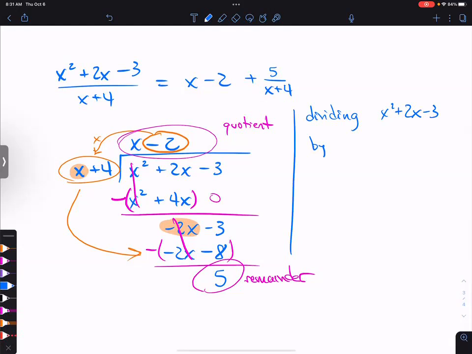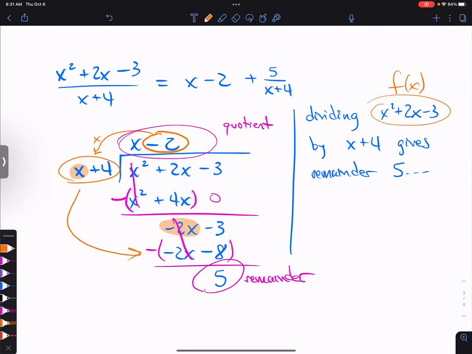Dividing that by x plus 4 gives remainder 5. That means that plugging negative 4 into that, let me call this f, means that f of negative 4 is 5.